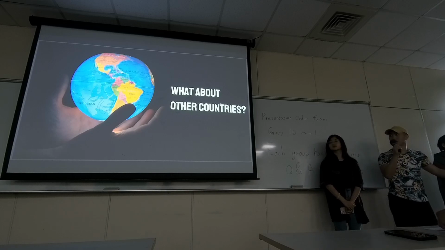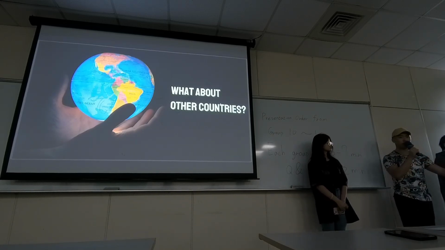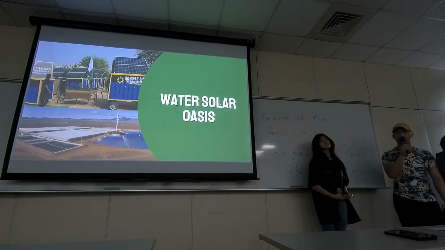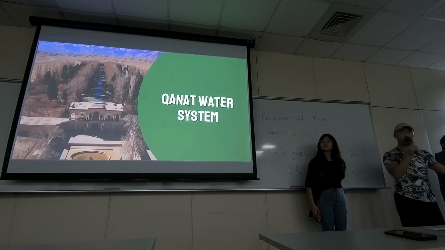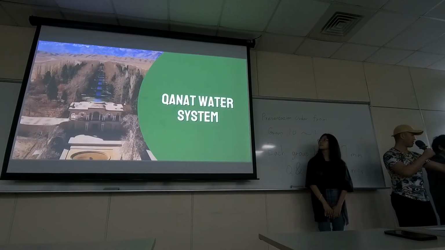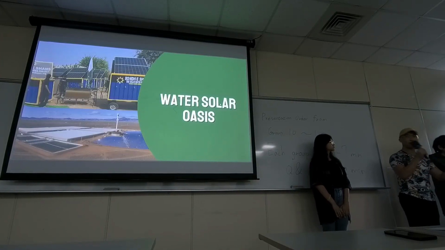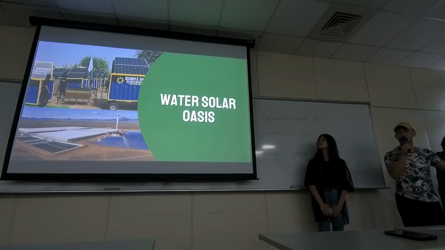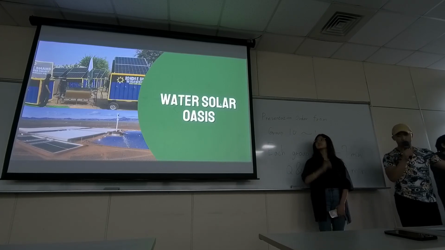So thanks to Cindy's introduction, I'm going to talk about how other countries are addressing their water crisis. First of all, it's the water solar oasis, which is applied in Africa.